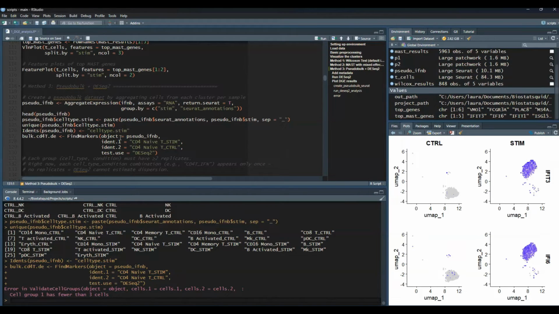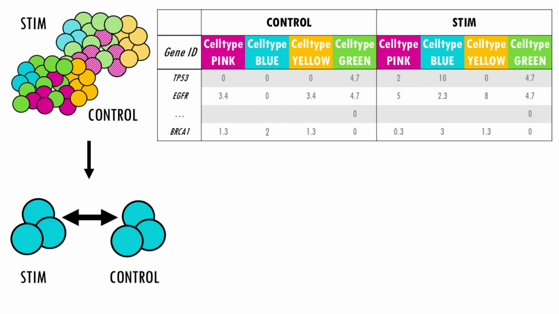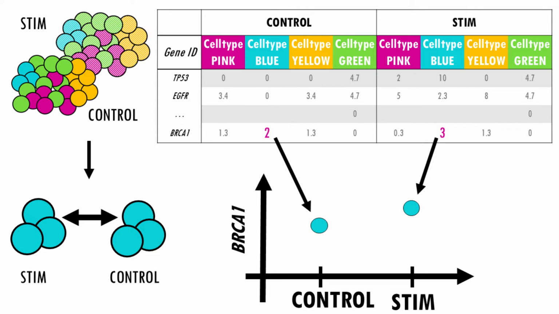So in this case, since we've aggregated the expression by condition and cell type, we only have one replicate per condition. Essentially, each cell type condition combination, so for example, CD4 T cells stimulated with interferon, appears only once. So when there's no replicates, DESeq2 cannot estimate dispersion. We need at least 3 replicates per cell type and condition.